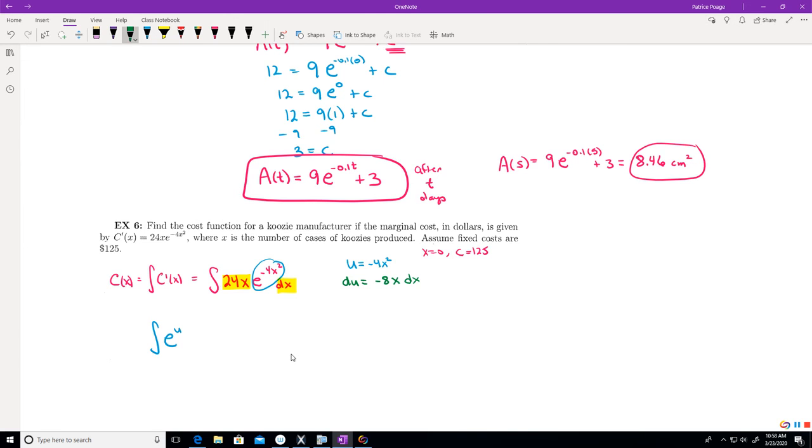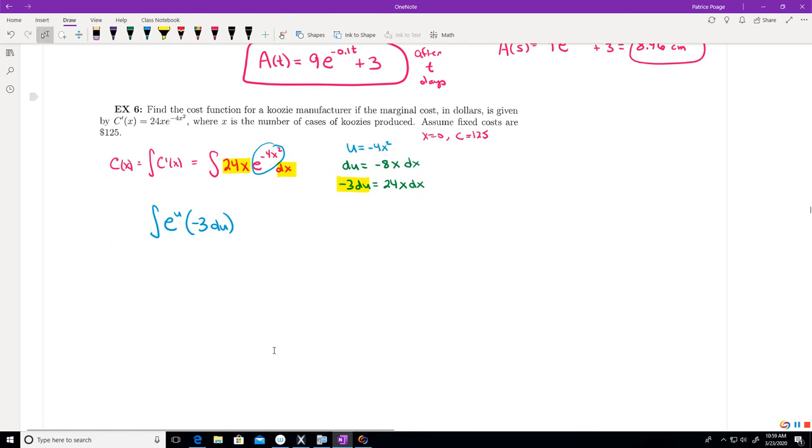Yes, if we multiply both sides by a negative 3, that would become 24x dx, which is exactly what we want. So I have an exact replacement. I will replace it with negative 3 du. As soon as I've replaced all of my x terms with u terms, I'm going to pull out the negative 3.